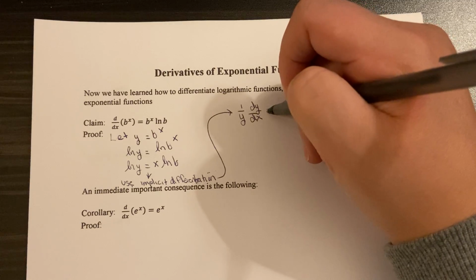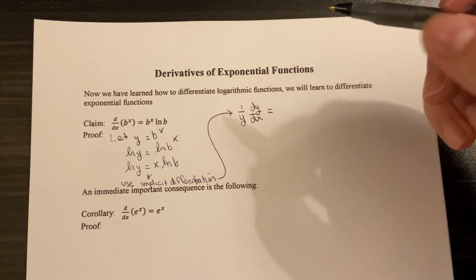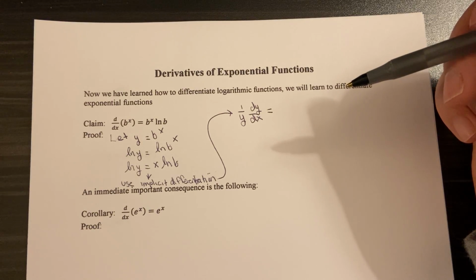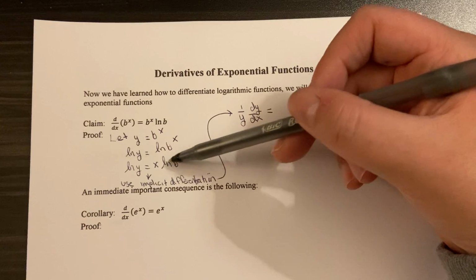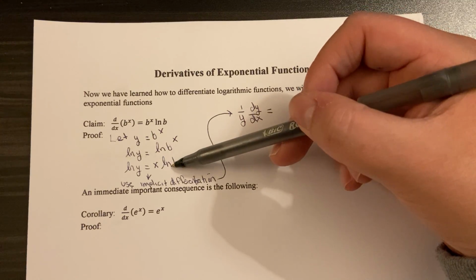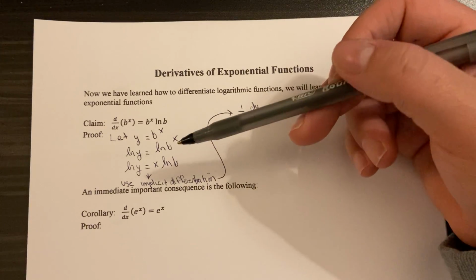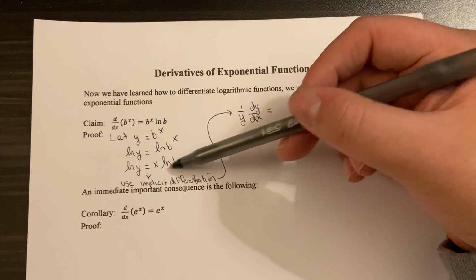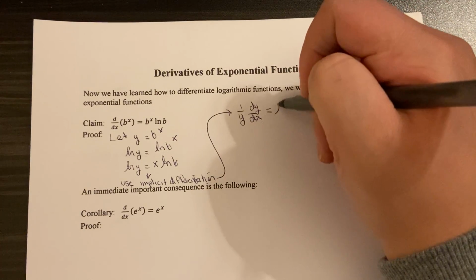Okay, so that will equal, so then for this one, think of ln of b as like a number. So say this was x times 2, right? The derivative of, like, say, 2x is just 2. So the derivative then of ln of b times x would just be ln of b, because that's like the constant.